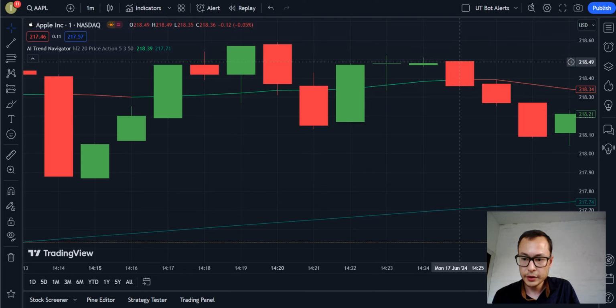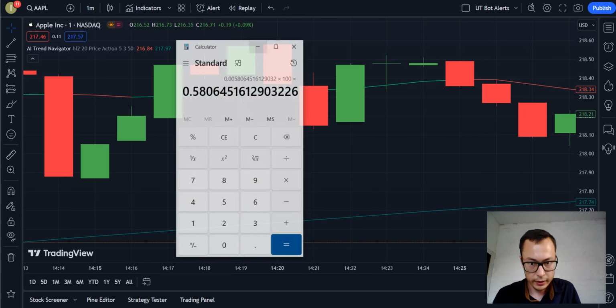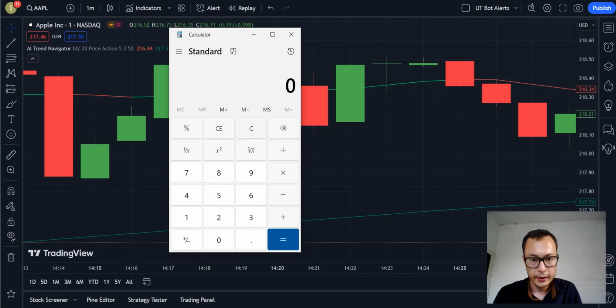And so let me bring on the calculator here. So I will show the percent increase in terms of the profit and the exact profit that we made trading the Apple stock.